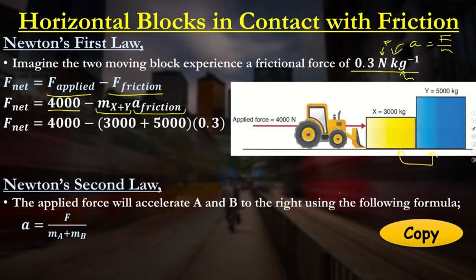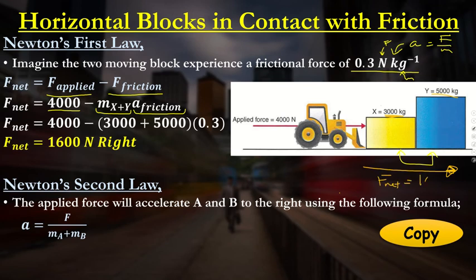So we get this value here. So 3,000 plus 5,000, that's where the two masses are from, times 0.3, our acceleration. So the total net force applied by this truck pushing these two blocks across, the net force, sorry, is 1,600 newtons towards the right.